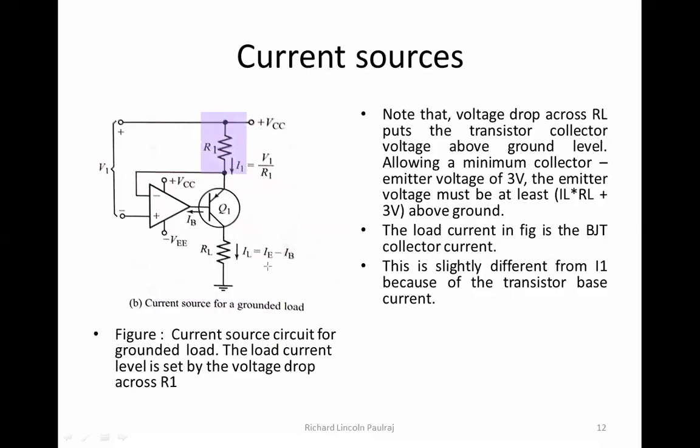How is it related again? Let me repeat. IL is dependent on currents in the transistor. The transistor is dependent on the value of this resistance, right? So again here we see that R1 plays a very important role in controlling the values of output currents.